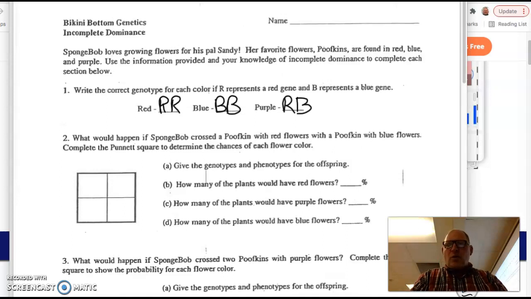Okay, so the question becomes, knowing that, what would happen if SpongeBob crossed a pumpkin of red flowers with a pumpkin of blue flowers?